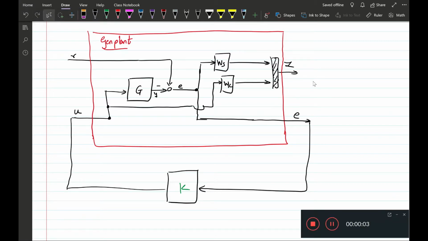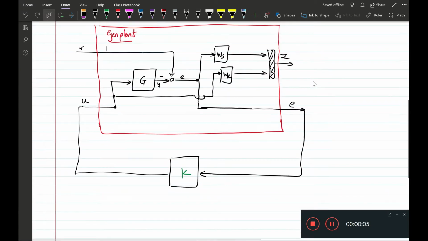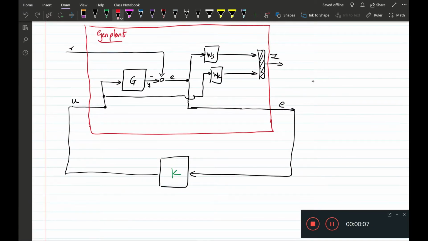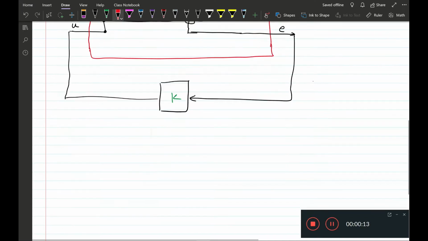So we're looking for a K that minimizes the H infinity norm of the closed loop from R to Z. Let me write this in a different way.